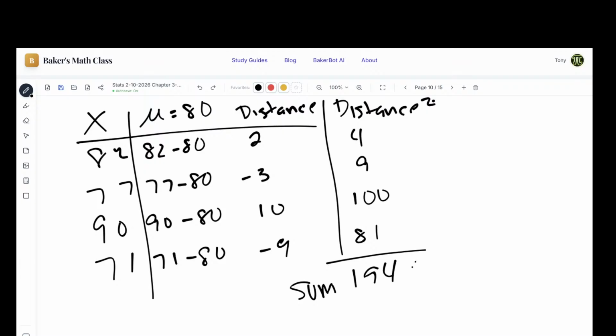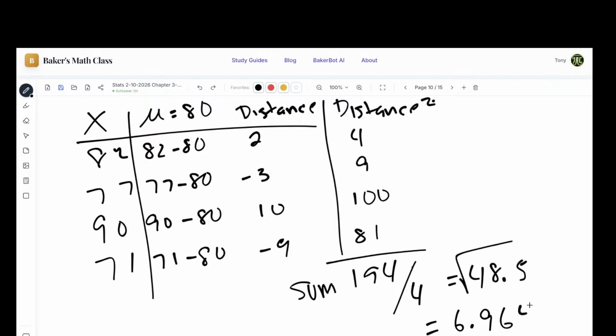And then I divide by how many I have. And then I take the square root of that. And that's my standard deviation.